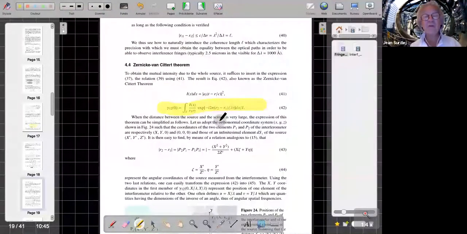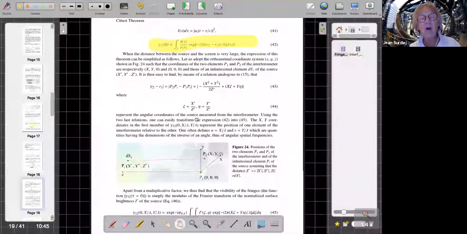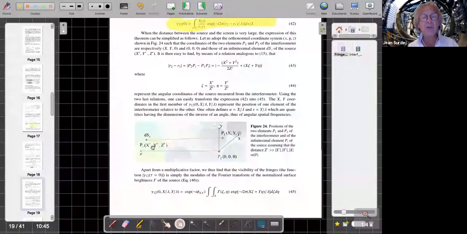astronomers only observe very, very distant objects, and this leads to a very nice simplification, which is known as the Fraunhofer approximation. So we assume, and I will go a little bit below on this image, that the physical size of the source or the distance between the two apertures which form your interferometer are much smaller than the distance between the source and the observer.